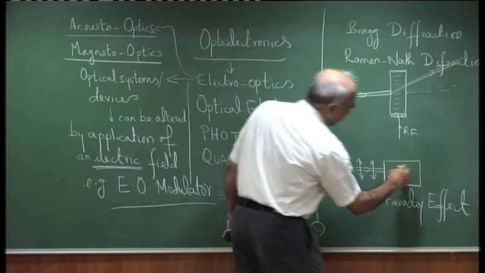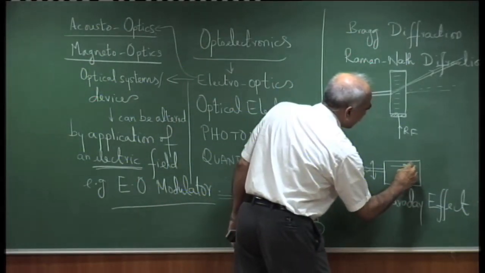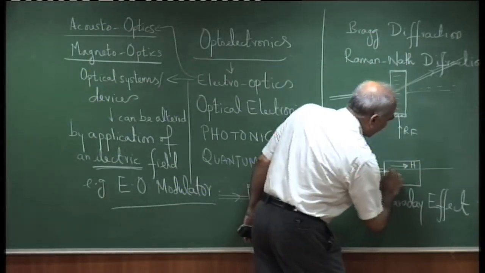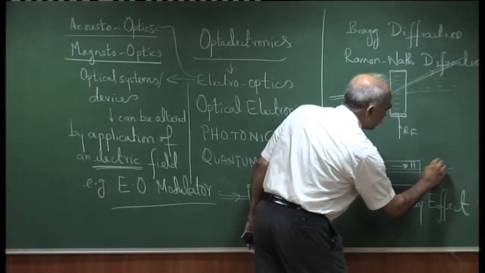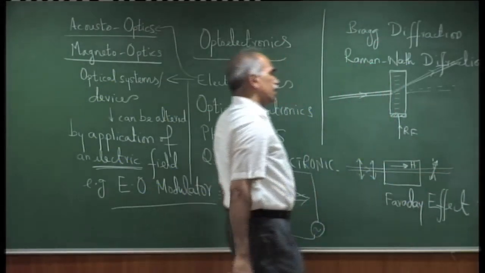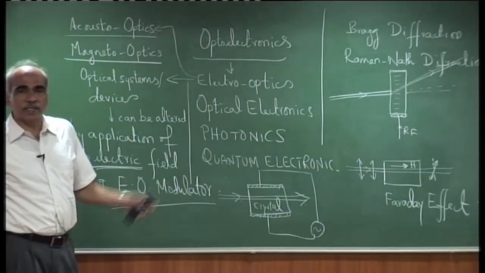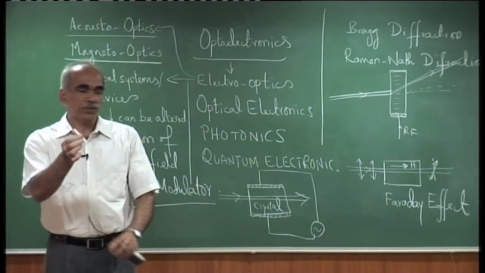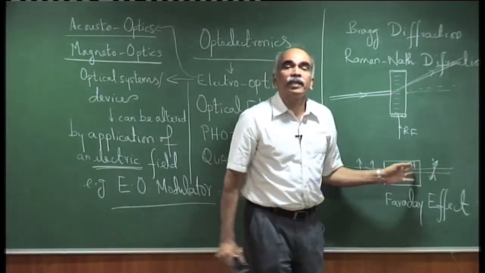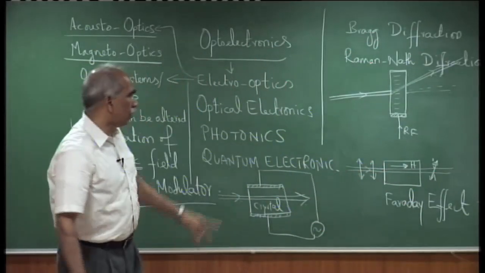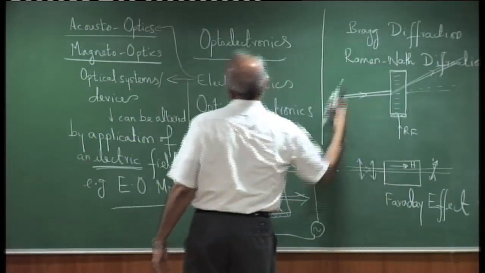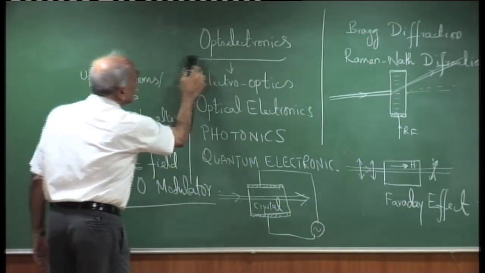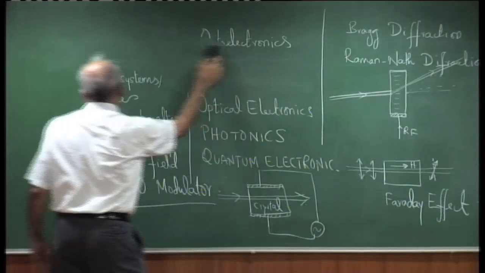If you apply a magnetic field H, then the polarization state gets rotated by an angle theta, and this angle is proportional to the strength of the magnet. There are several applications of both the Faraday effect and Bragg diffraction. So acousto-optics, magneto-optics and electro-optics, all these three were well known in the 19th century.